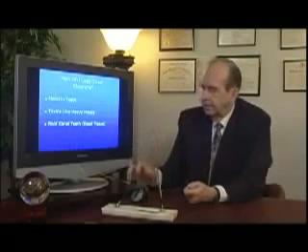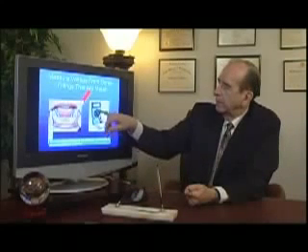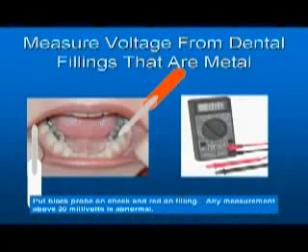So you can simply measure this with a standard voltmeter that measures in millivolts. You put the ground against the side of the cheek, and then the other one on the metal filling, and you measure the number of millivolts. You should not have more than 30 millivolts coming out of a tooth.